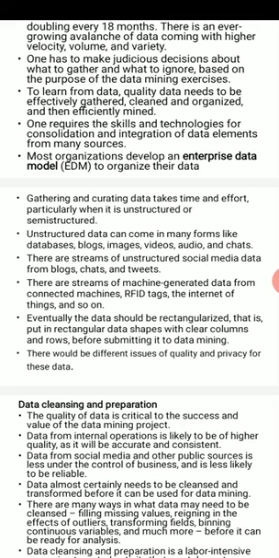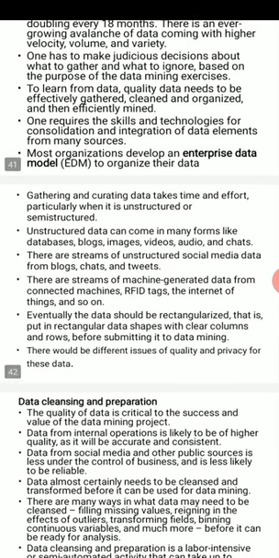Unstructured data comes in many forms, like databases, blogs, images, videos, audios and charts, etc. There are streams of unstructured social media data from blogs, chats and tweets. There are streams of machine generated data from connected machines, such as RFID tags, the IoT, etc.